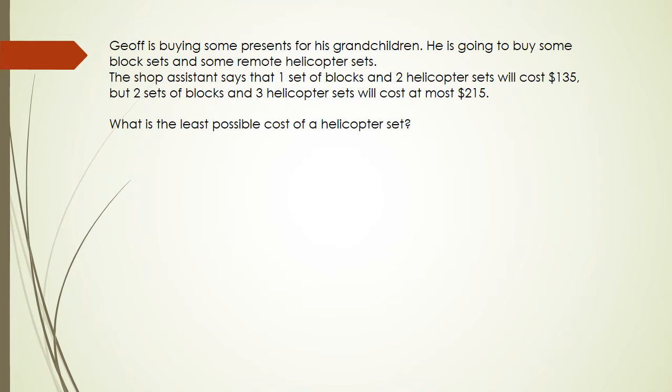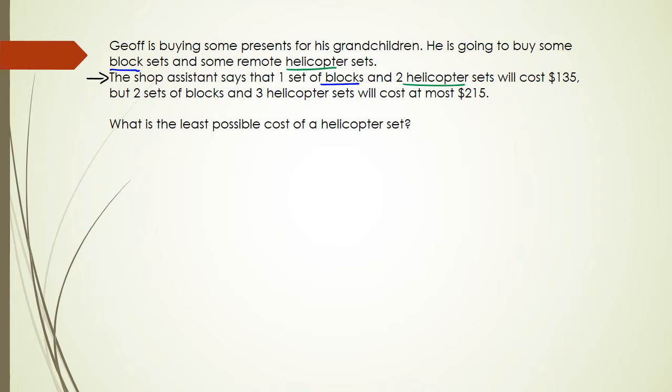Basically Jeff is buying some presents for his grandparents. He's got block sets, and he also has remote control helicopter sets. So I think the first point that I'm going to be looking at is this one here. The shop assistant says that one set of blocks and two sets of helicopters cost $135.